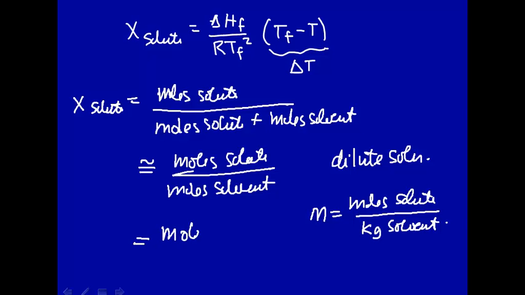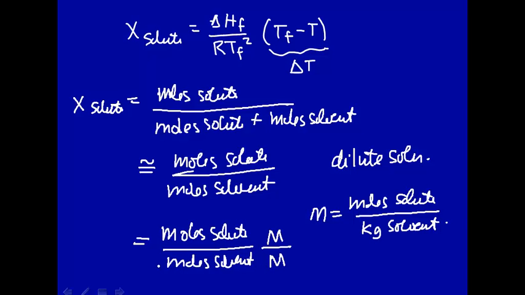So this is moles of solute over moles of solvent, and we multiply here by capital M, the molar mass of the solvent, expressed, say, in kilograms per mole, times moles of solvent.